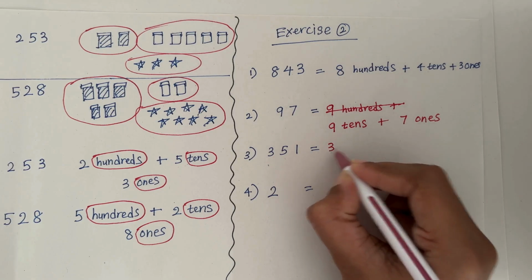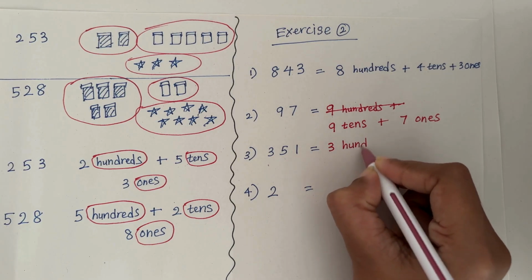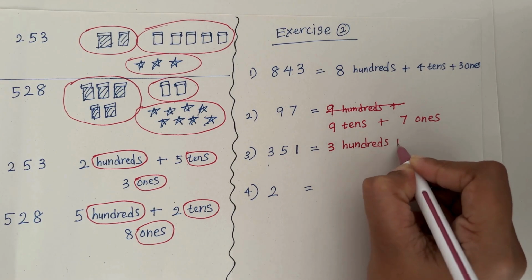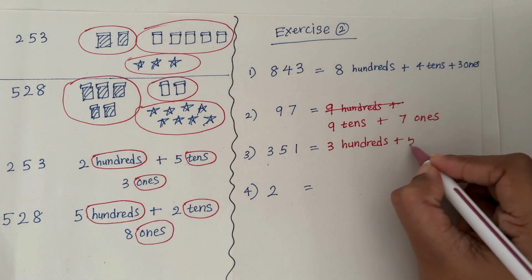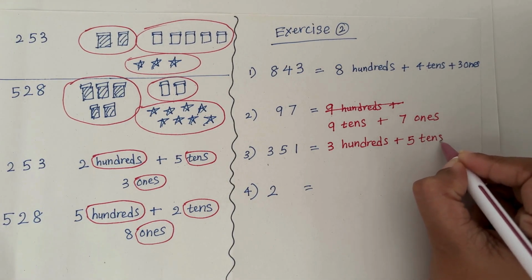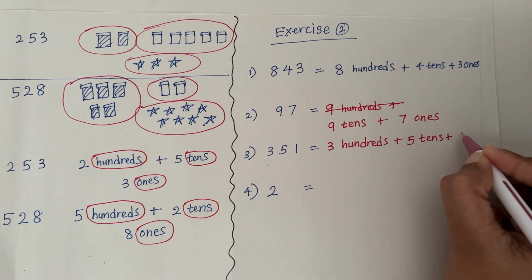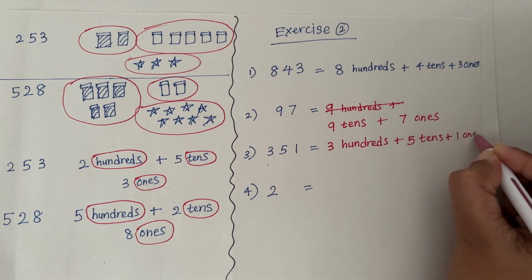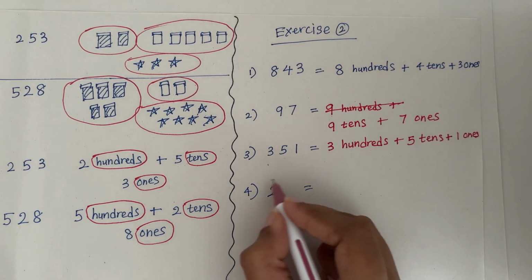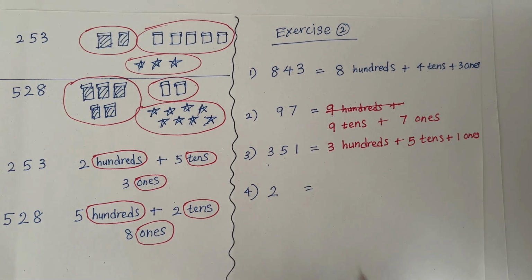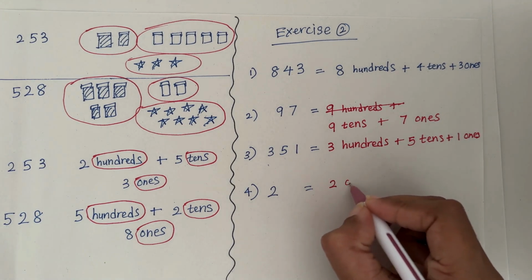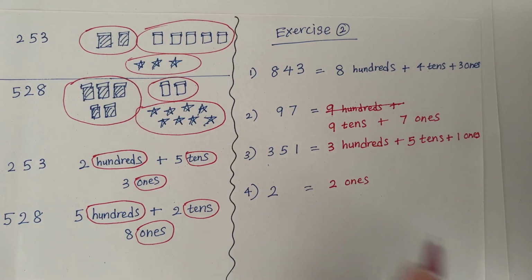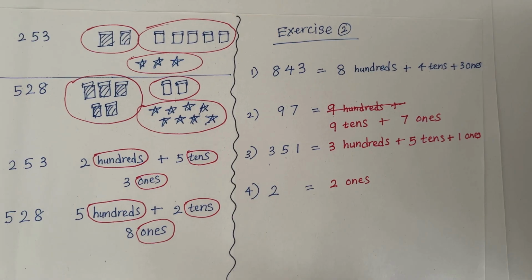Hundreds. 3 hundreds, 5 tens, only 1 one. Now here we have 2 ones. That's all. Here we have only 2 ones. So now I hope you have got a clear idea about these things.